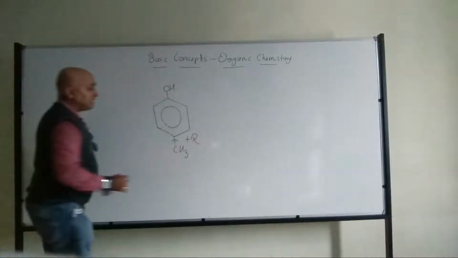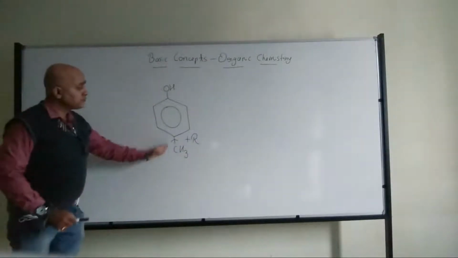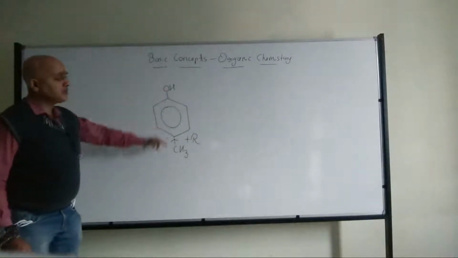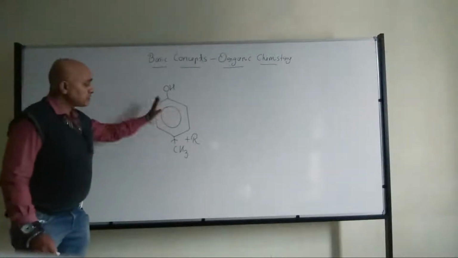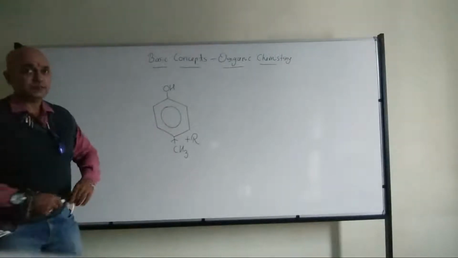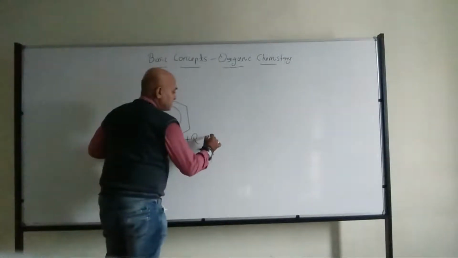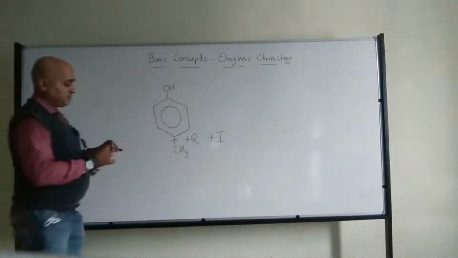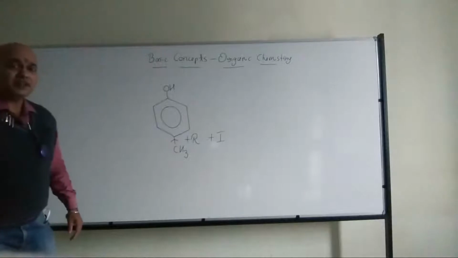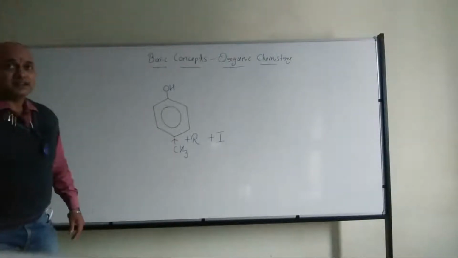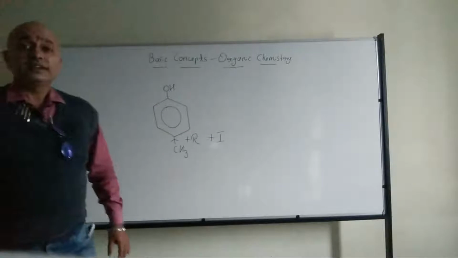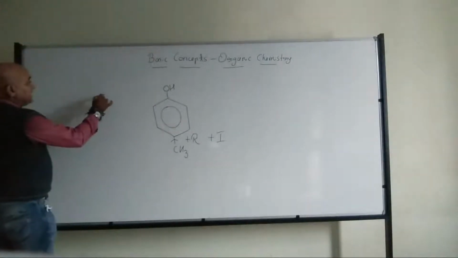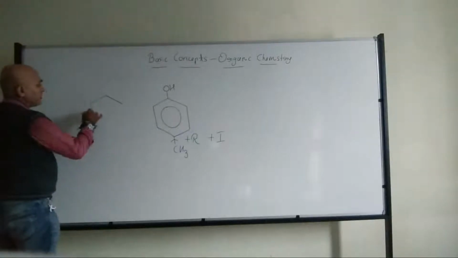That means electrons are moving towards the ring, same as the OH group. Along with that, since electrons are moving away from the substituent, we can call it the positive inductive effect.